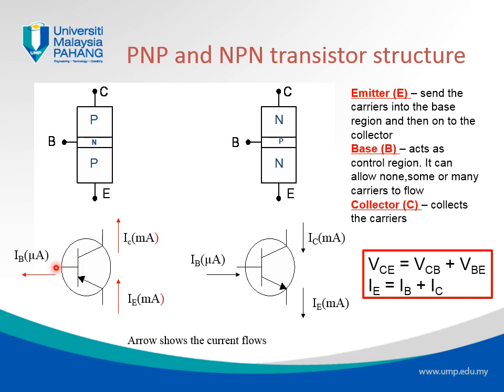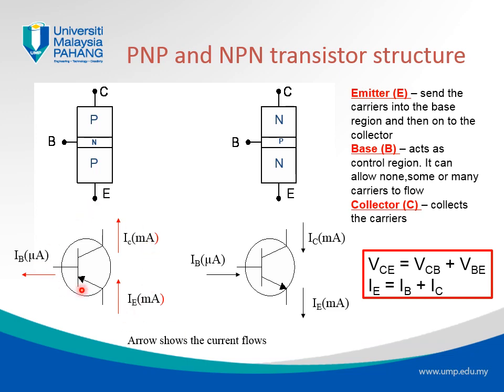A small portion is used in the base, and another bigger portion goes into the collector. And for the NPN transistor, the current comes from the collector, and a small amount also comes from the base, and the sum of them goes out at the emitter. So we can write the equation of the current.